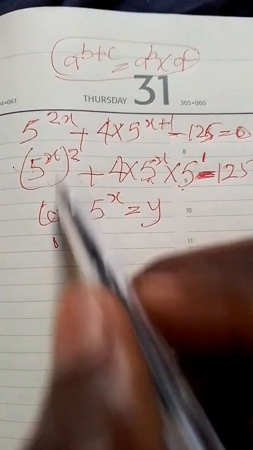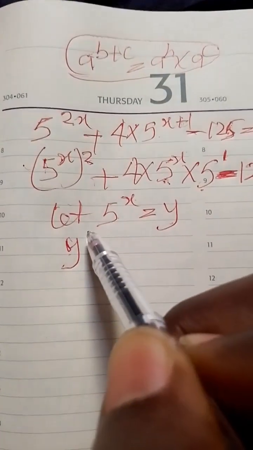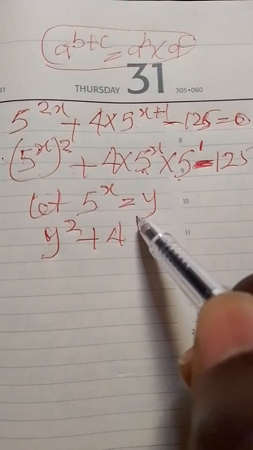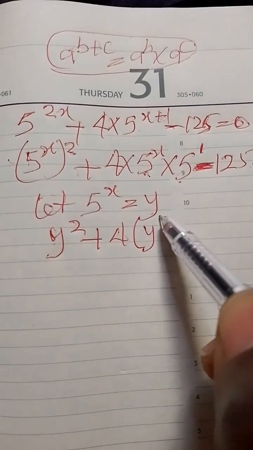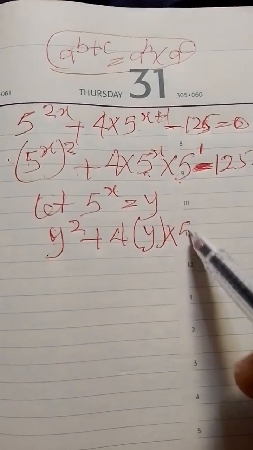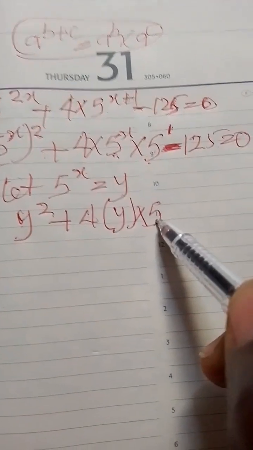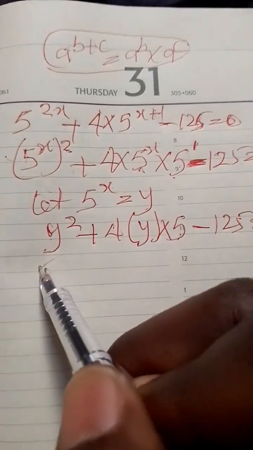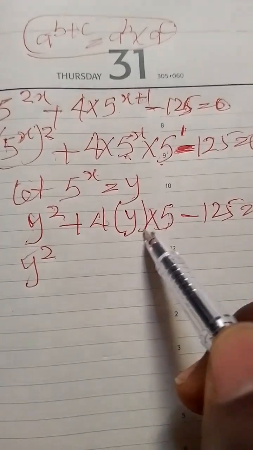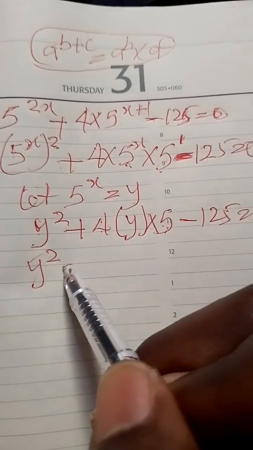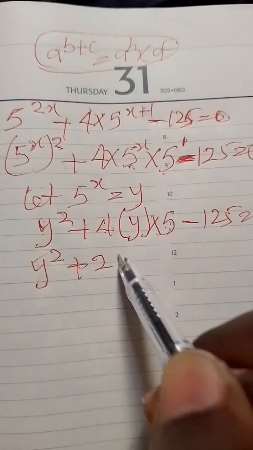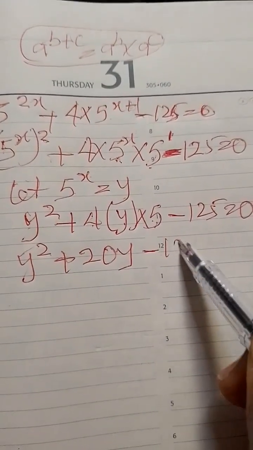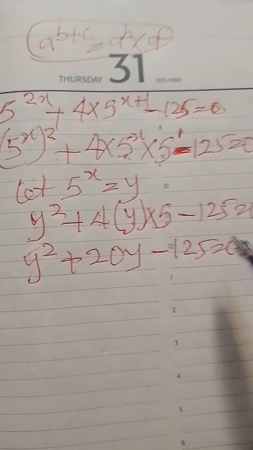We have 5 raised to power x here, that means y square, then plus 4 times y times 5 raised to power 1, which is 5, minus 125 equal to 0. So y square, 5 times 4 is 20 times y is 20y, minus 125 equal to 0.